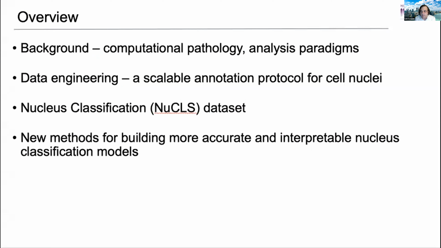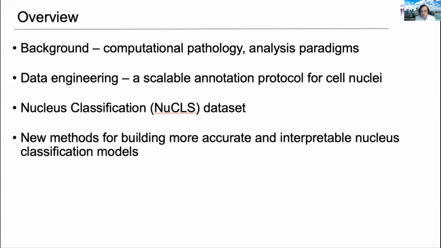Today I'm going to give a background on computational pathology. It's a more popular topic now, but a lot of people may still not know much about it, and I'll talk about some of the different analysis paradigms that are used. The main topic today will be one project. It's really a data engineering project: how do we collect large amounts of ground truth data?